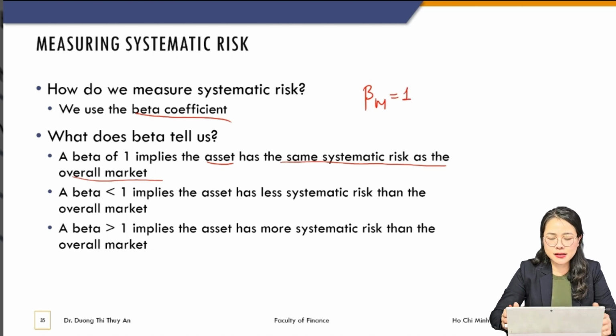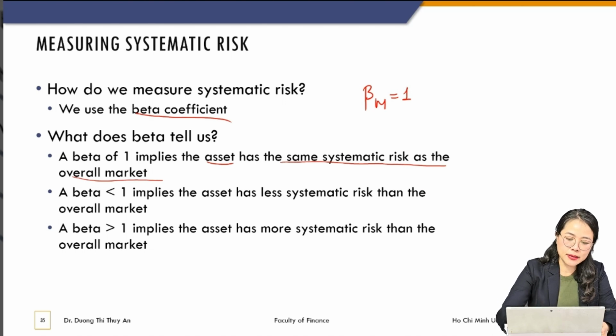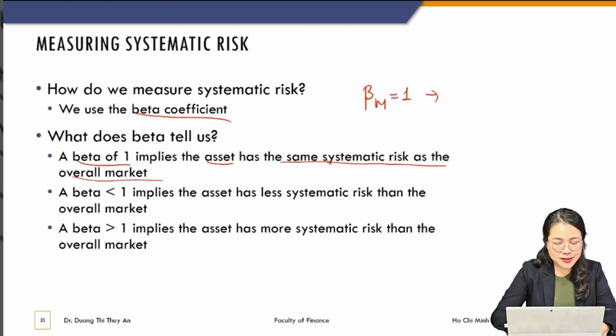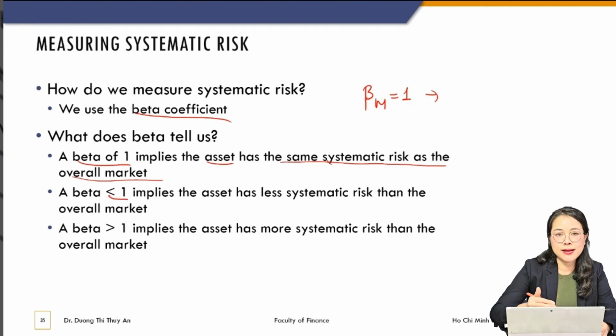So if an asset, for example a stock, has the same systematic risk as the overall market, that stock has a beta of 1, the same as the market. If that stock has a beta smaller than 1, that means the asset has less systematic risk than the overall market.